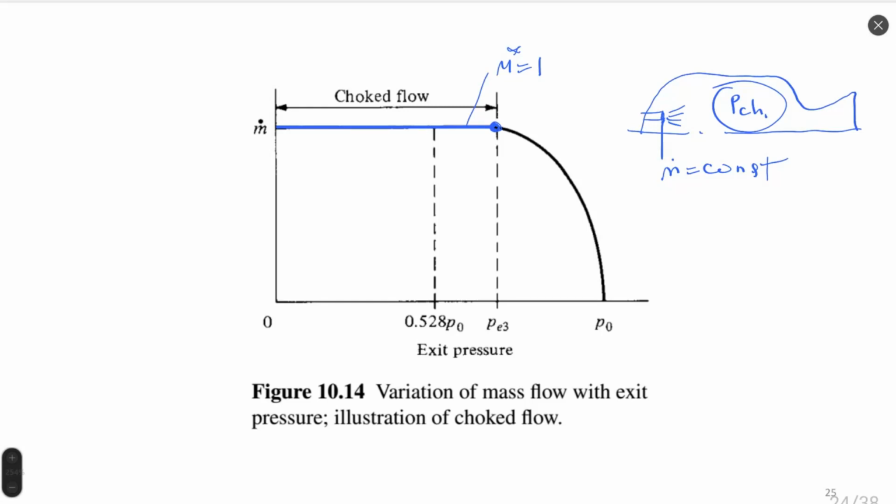Another advantage is, since we have Mach equal 1 inside the injector, any changes inside the combustion chamber, for example pressure oscillations inside the chamber, will not go inside the injection system, the feeding system, or the tanks.